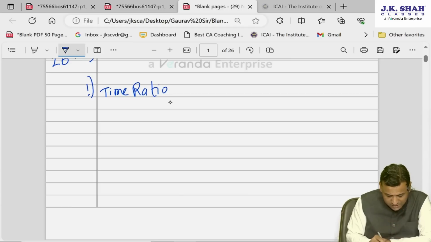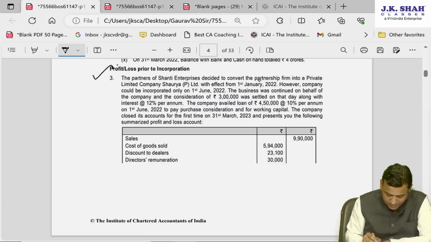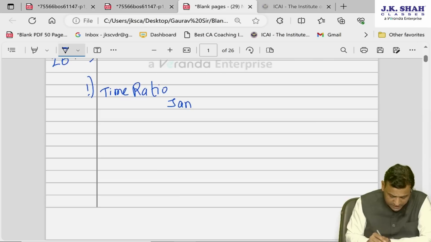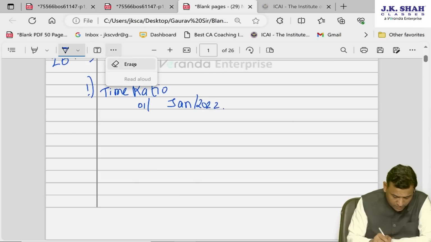So, friends, my year starts, if you look properly, the period is starting from January. The partners decided to convert from 1st Jan 22. So, can I say 1st Jan 2022? This is where my period starts.